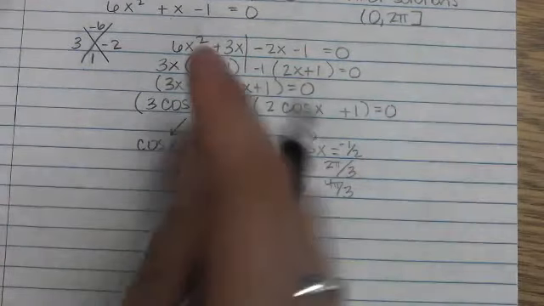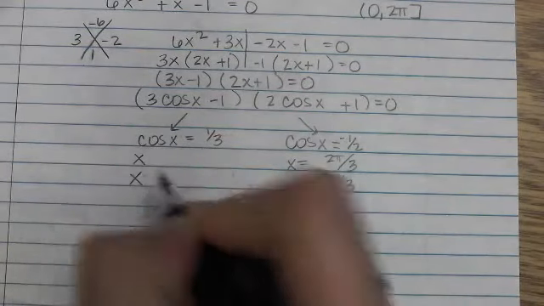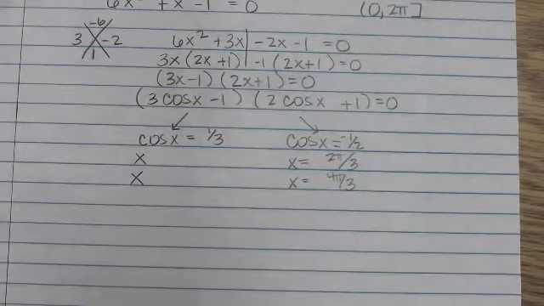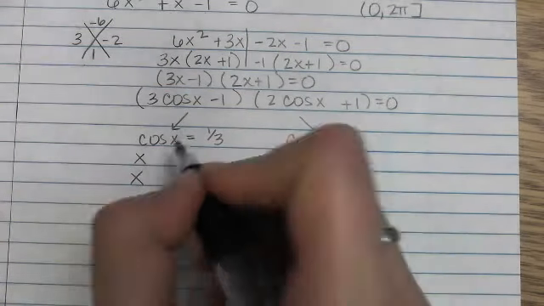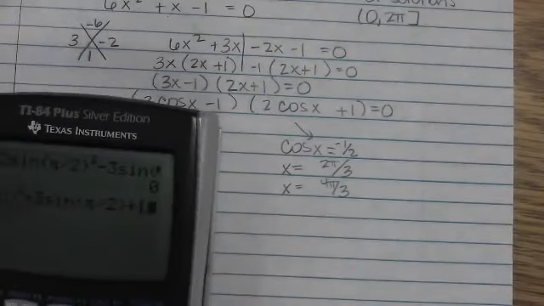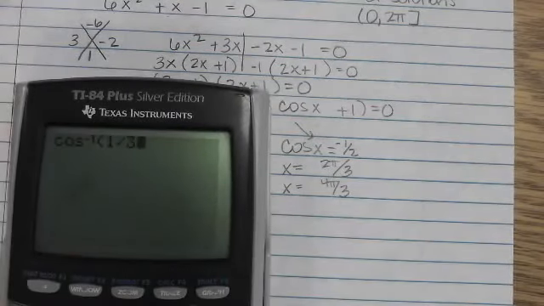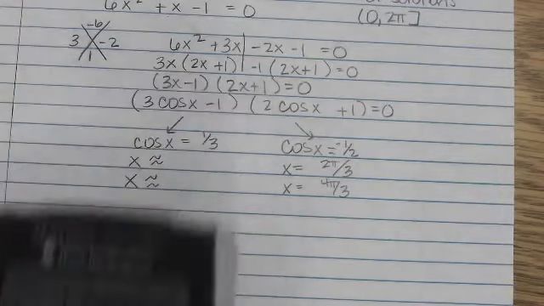Okay, and then how do I find the answers over here? What should I do? Yeah, so these are going to be approximate. So I've got cos inverse of 1/3. We'll do 1.231.